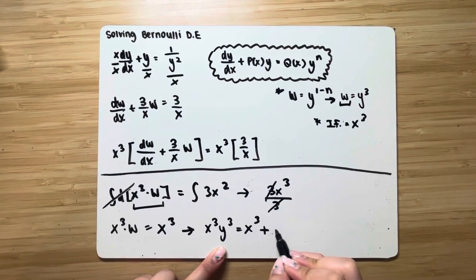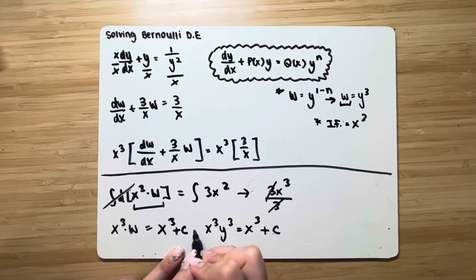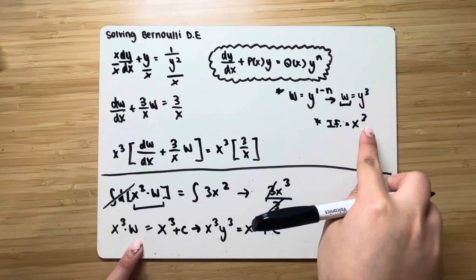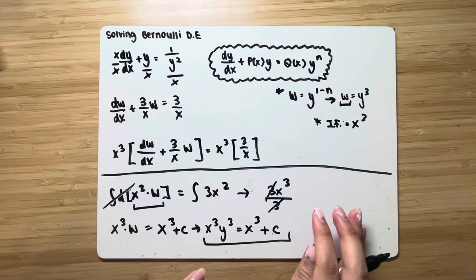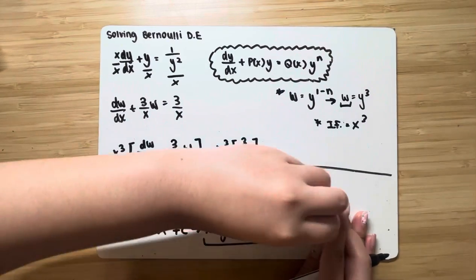So plus c. I should have written plus c over here. It would make more sense. So it's the same thing as this because we're substituting this in for w. But you're not done yet. The last thing you want to do is isolate the y value.